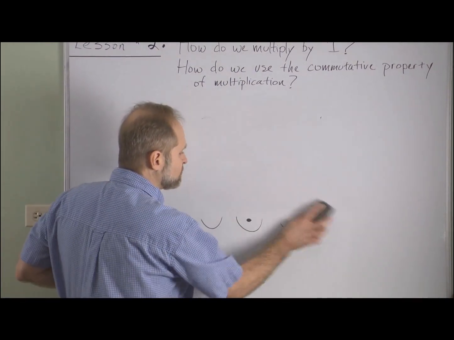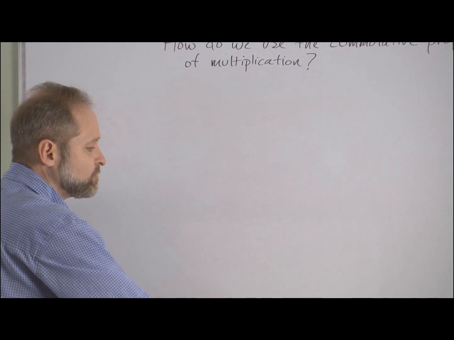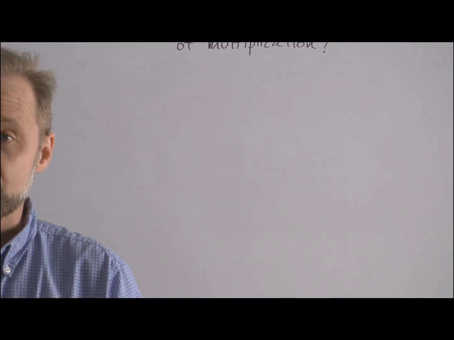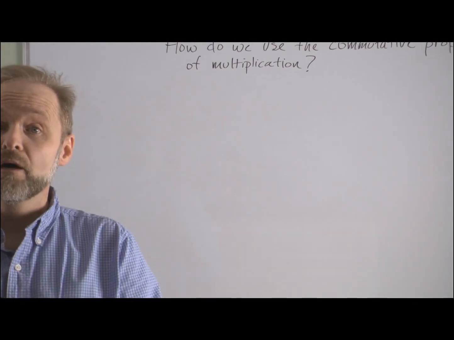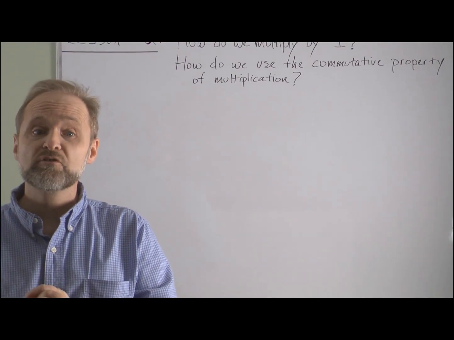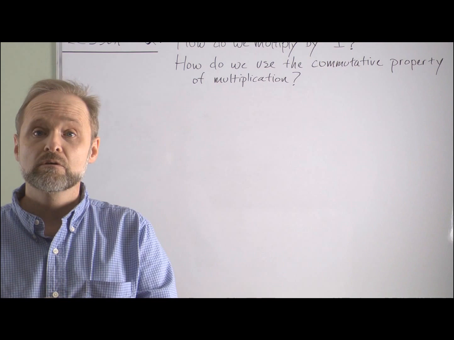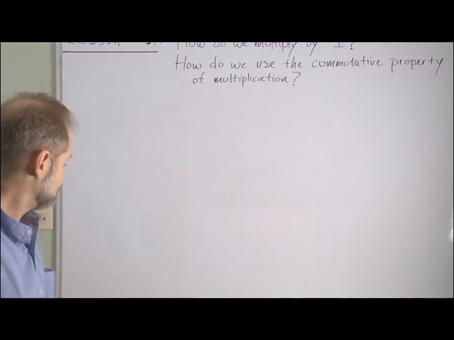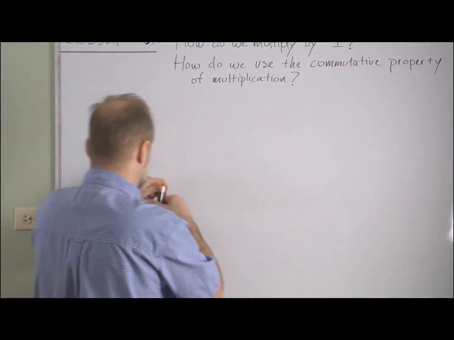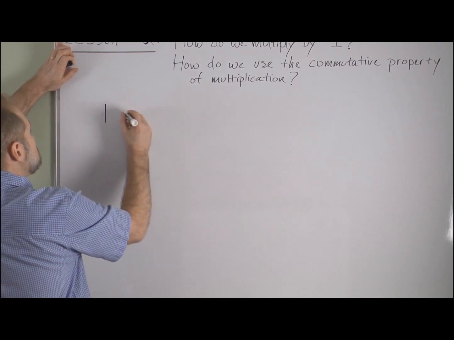Often in math, one of the things that really helps us is our common sense. If we're looking at problems where we are multiplying by 1, let's start off with some simple problems involving multiplying by 1. For instance, suppose we have this.